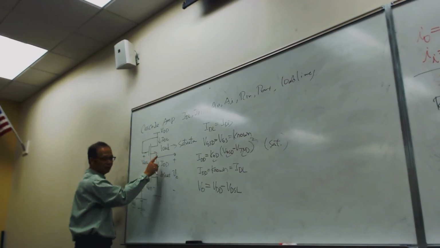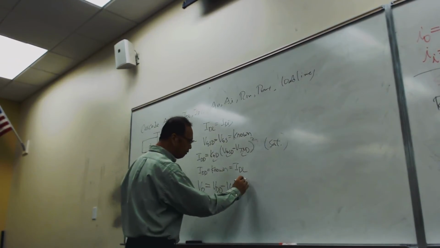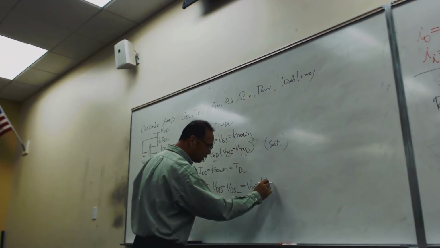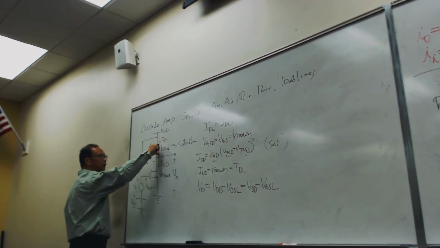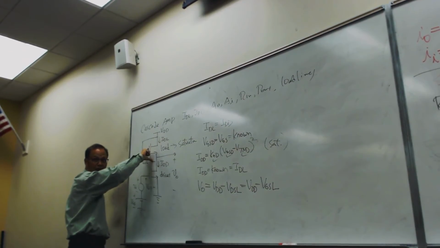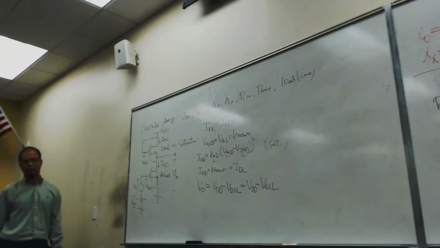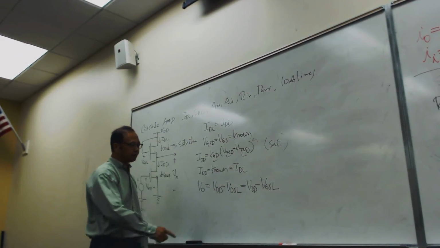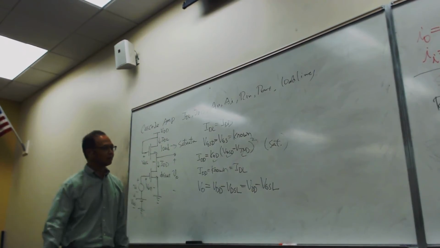That's VDS low. But VDS low, if you look at the circuit, you should know that is the same as VGS low, right? This voltage is the same as that voltage, got it? Because the gate is connected to the drain. Okay. Then what is VGS low?